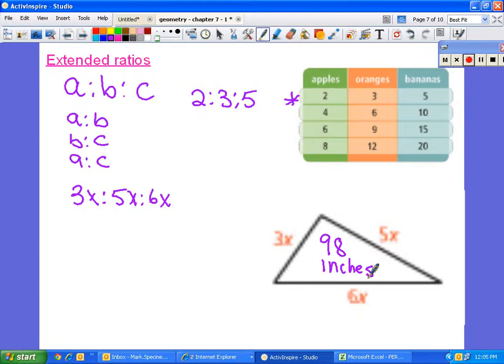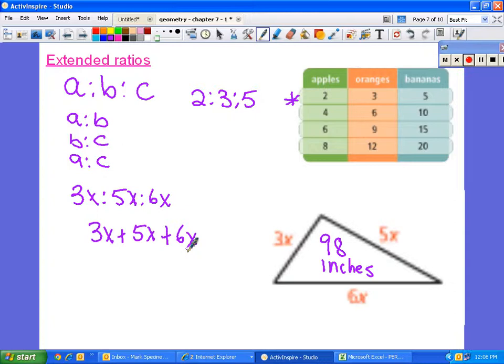So, what do we do here to set up our problem? Joe, what do we do here? How do we set up our problem? 3x plus 5x plus 6x. And what about 3x plus 6x plus 5x?